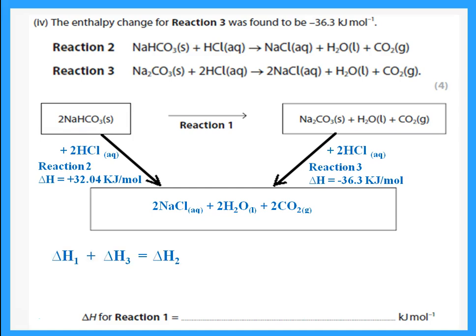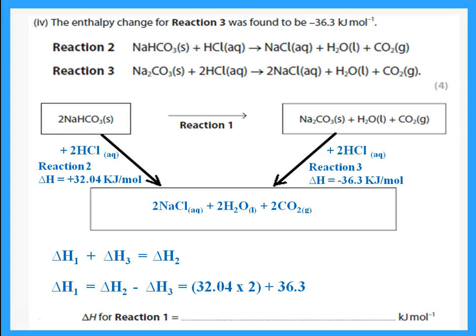So taking that into consideration, I would say that the delta H for reaction 1 is actually the delta H for reaction 2 minus the delta H for reaction 3. Please note that the delta H for reaction 2 was the one that we calculated, but we calculated it for 1 mole of sodium hydrogen carbonate.